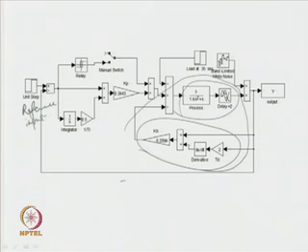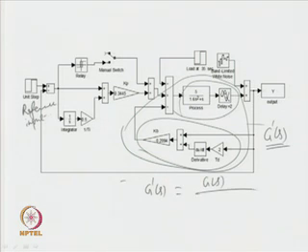So, this part can give us the dynamics of a stabilized process. So, G(s) becomes G'(s), where G'(s) can be written as G(s) upon 1 plus G(s) times GC2(s). So, this is how we get the dynamics of this one.